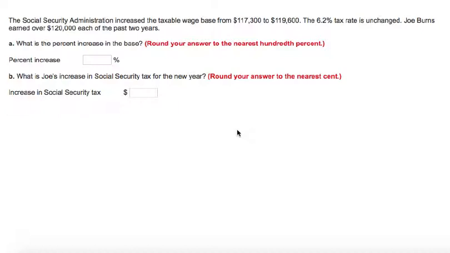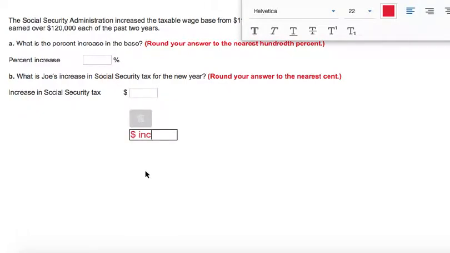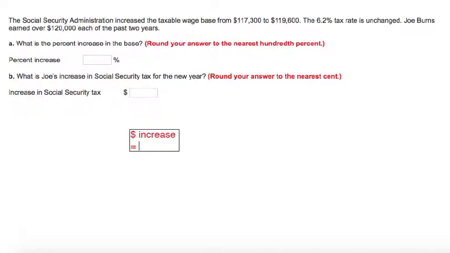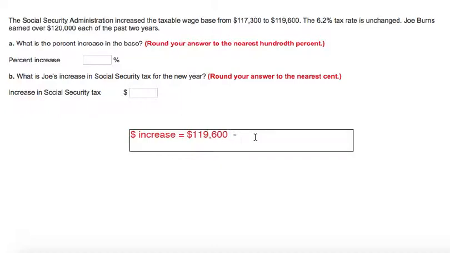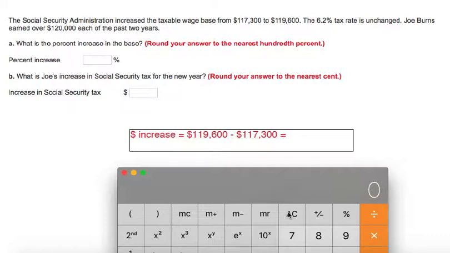tax. So, first question is what is the percent increase in the base? Let's find out the amount of money that it increased. The amount of money that the Social Security tax base increased was $119,600, the total amount, the new amount, subtract that by the old amount of $117,300, and that will tell us the dollars that it increased.